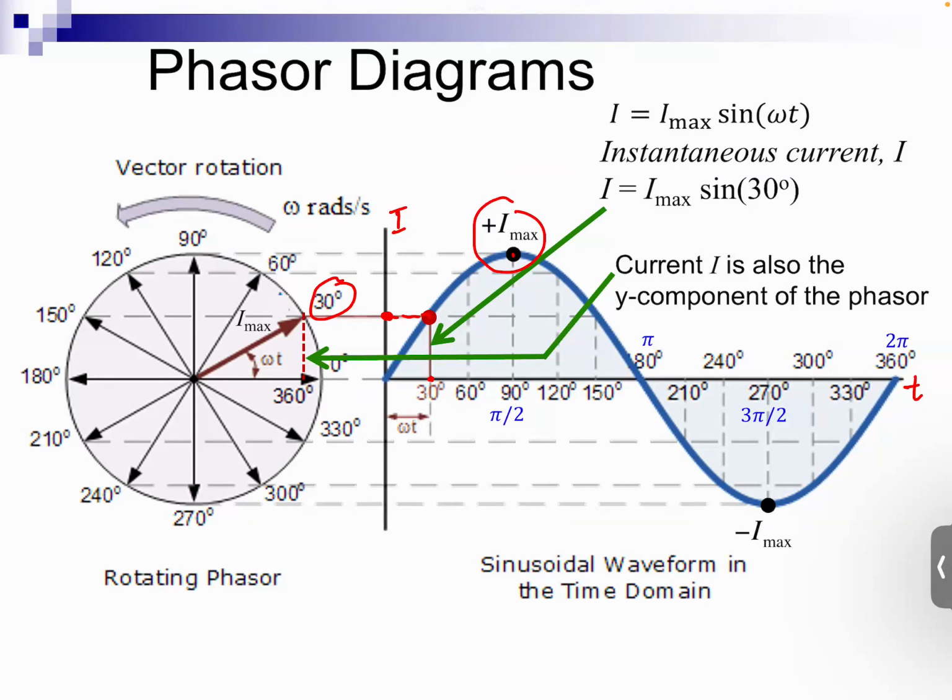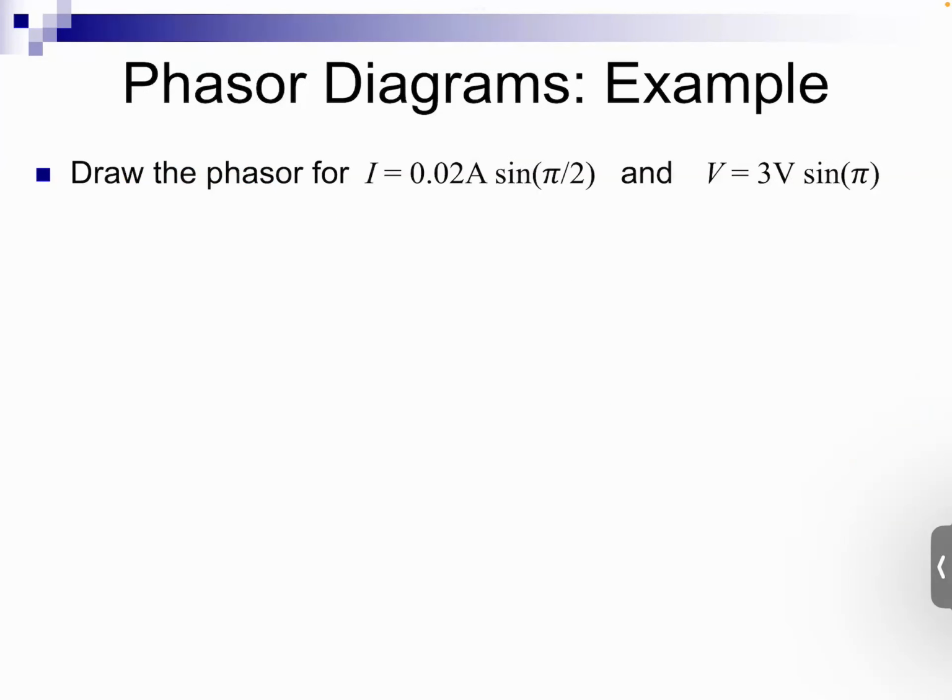Does that sort of make sense? Okay, so say, for example, you want to draw a phasor for a current. The current is described as 0.02 amps, this is I max, sine pi over 2, and the voltage is 3 volts sine pi. So let's draw the phasor for this.